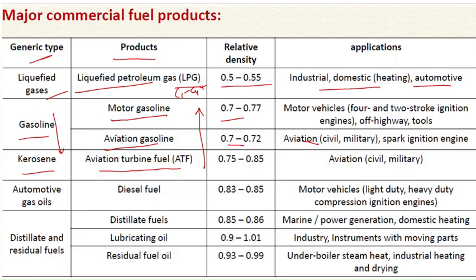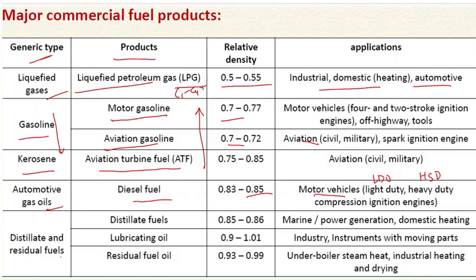Basically kerosene is an aviation turbine fluid, and another is automotive gas oil. It is used as diesel fuel. Its density is higher than all the above, and it is used in motor vehicles and for light duty diesel oil, which is LDO, and heavy duty, which is HSD, high speed diesel oil. Diesel oil is also of two types, LDO and HSD.